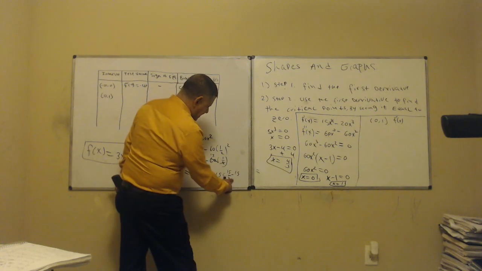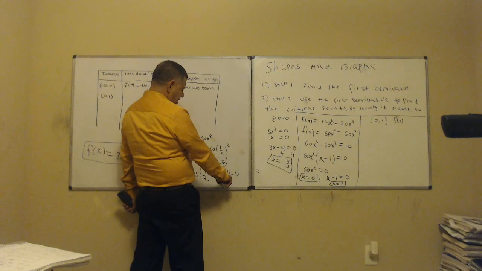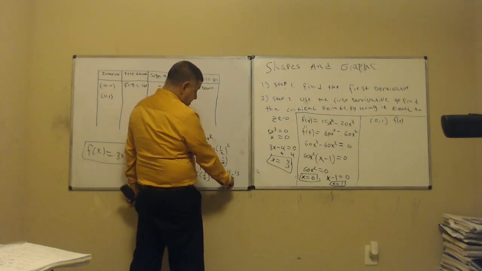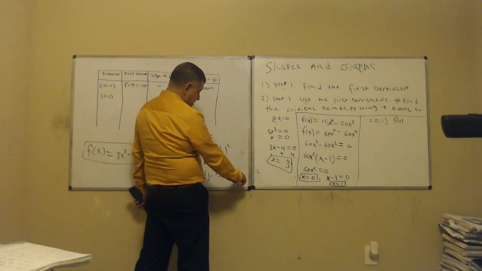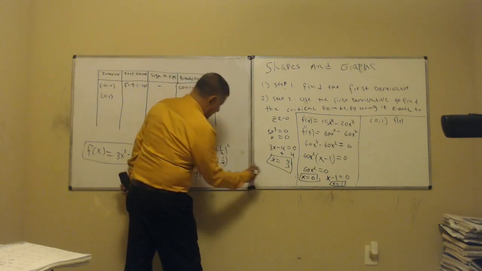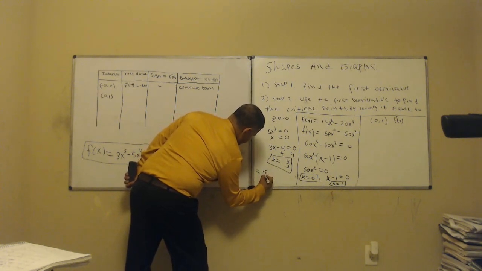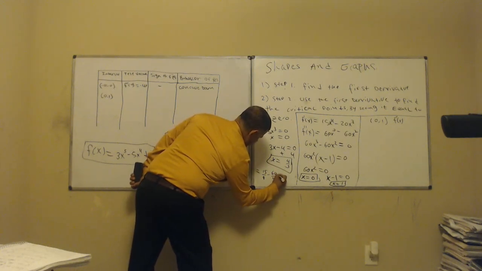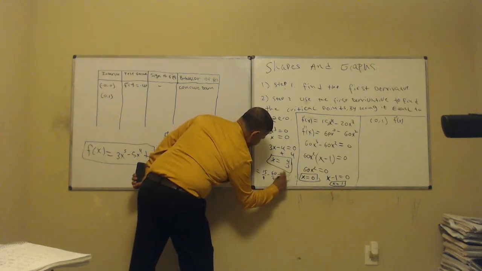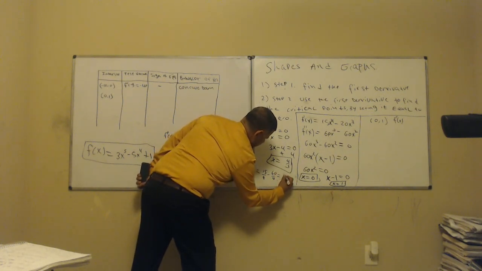But then this one right here becomes again 60 on the top, so it will be 15/4 minus 60/4, which is negative 45, negative 45/4.